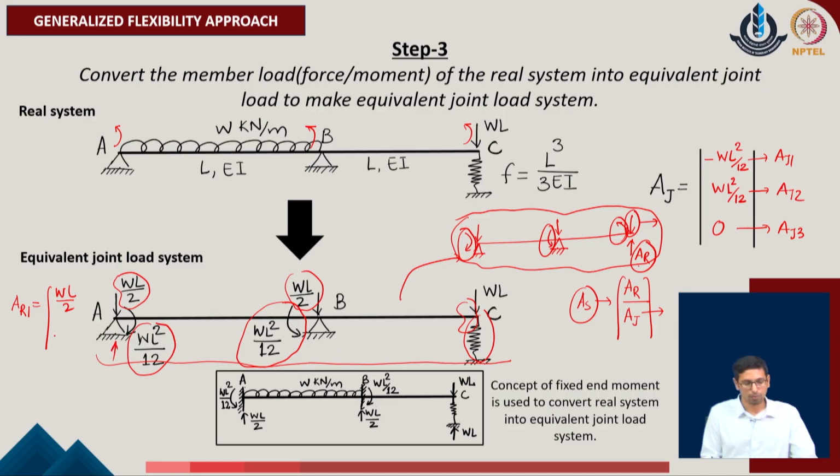Then similarly, WL upon 2, which is appearing as the reaction in the direction of the joint B of the given system, and these values are downward. So, we will consider them with the negative sign, so that they are considered with respect to the positive sign convention which is upward positive in the given problem. Now, the idea is that these components will be added at the end of the given process, because while doing the analysis we are not adding these components in the analysis procedure of the given system.